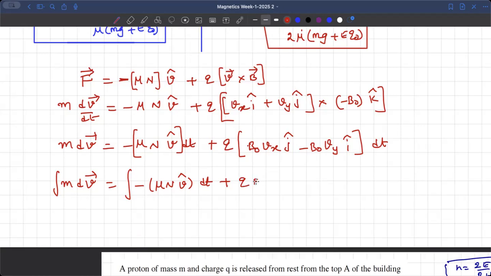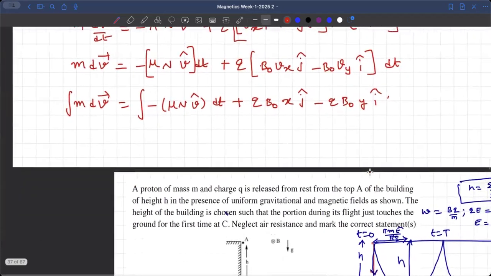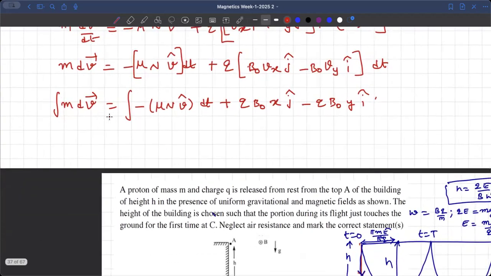Q B naught X J cap minus Q B naught Vy I cap, which will become Q B naught Y I cap. Now remember, at an instant you are working, right?